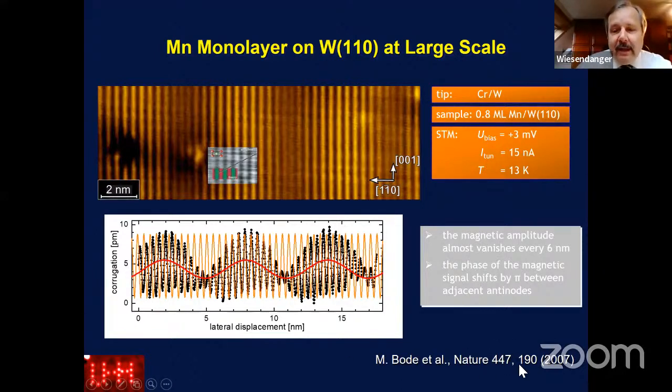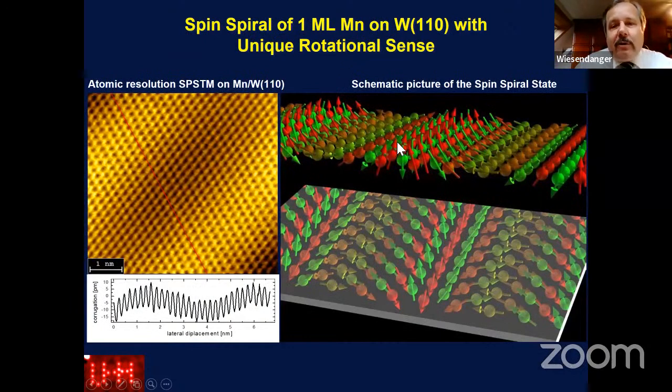That was reported in Nature in the same year. We could show experimentally, rigorously, that we could only observe spiral states with a unique sense of rotation, meaning that the opposite-rotating state could never be observed. So again, Dzyaloshinskii-Moriya interactions determine the unique sense of rotation for these antiferromagnetic spiral states.